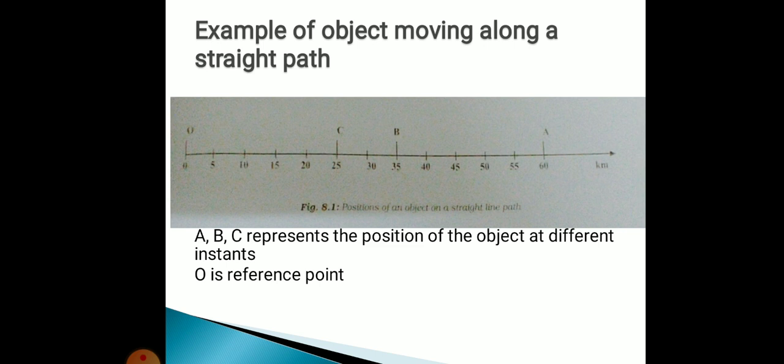So this difference will give you the numerical value of the displacement of the object from O to C through A. That is, the shortest distance measured from the initial to the final position of an object is known as the displacement. So let us understand what is the exact difference between the distance and the displacement.